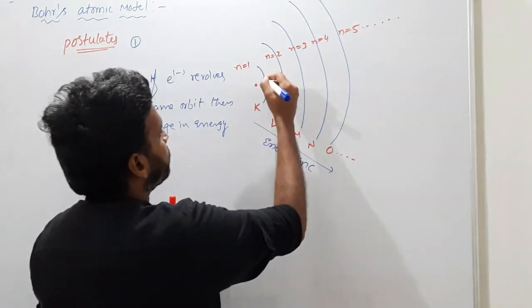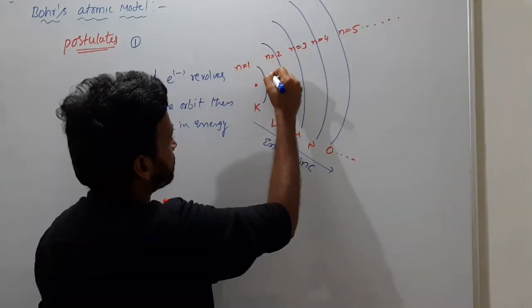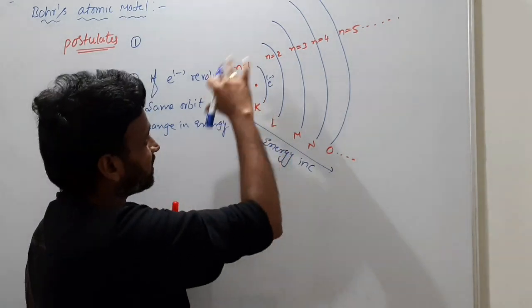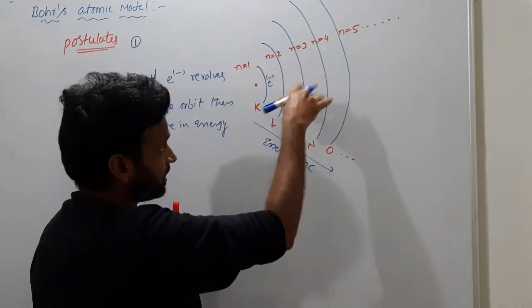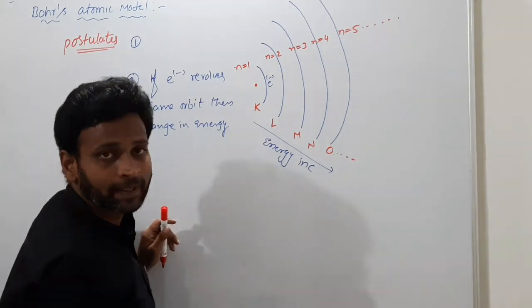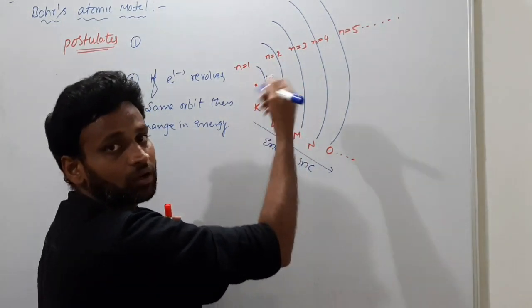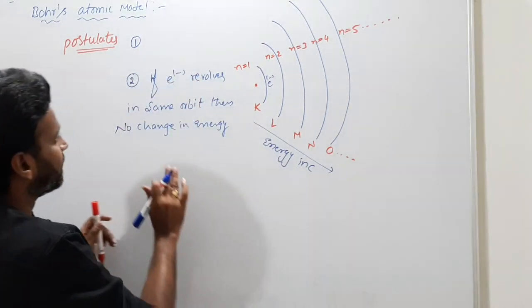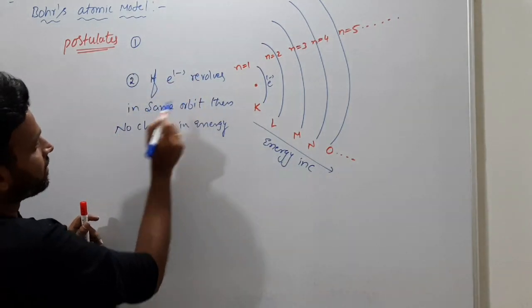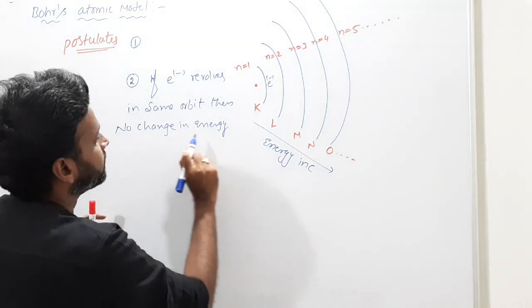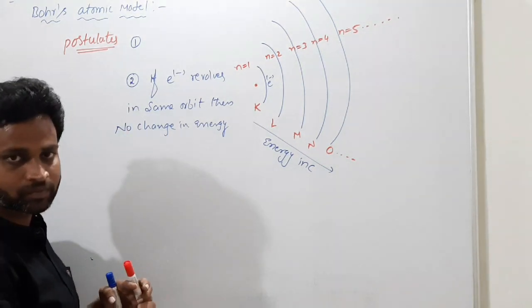The electron is revolving in high speed in circular paths, which we call orbits or shells. I first drew full circles, but that occupies more space, so I erased it and drew half parts. The second postulate: if an electron revolves in the same orbit, then there is no change in energy.